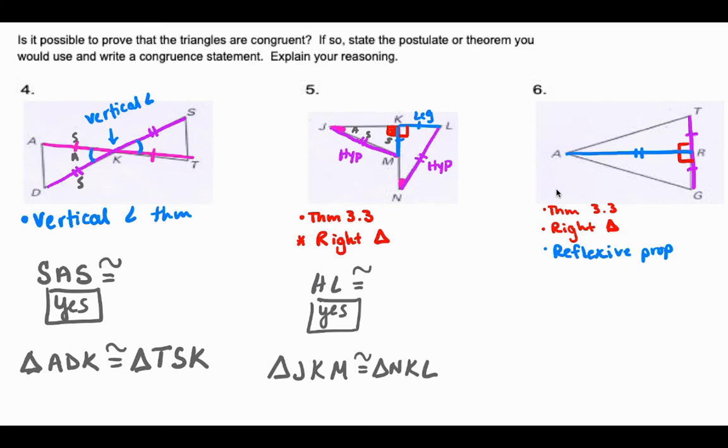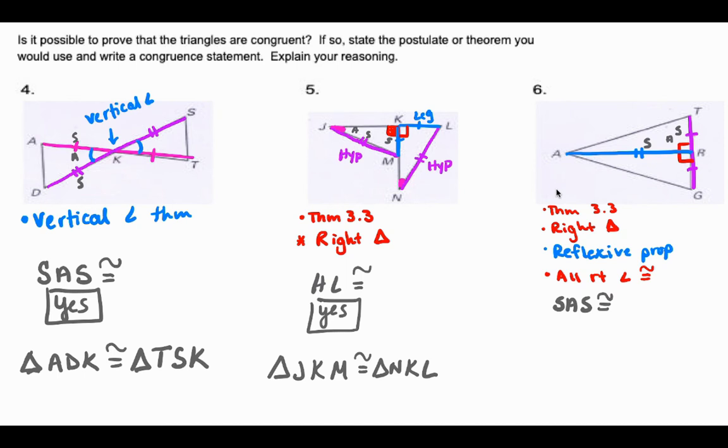But if we look, both of these are legs, so we're not actually going to use the hypotenuse leg theorem, but what we can use is the fact that all right angles are congruent, and we can get side, angle, side. So just because it was a right triangle, none of our marked sides turned out to be the hypotenuse.